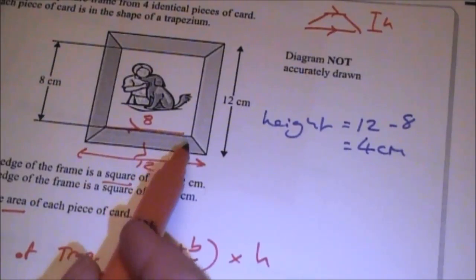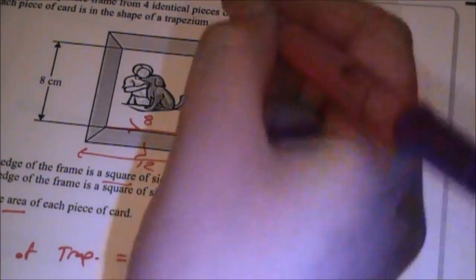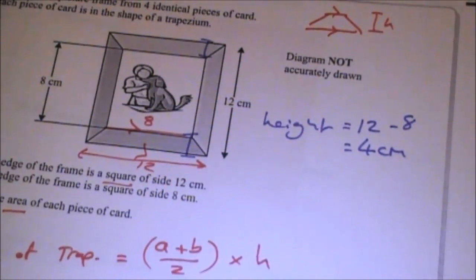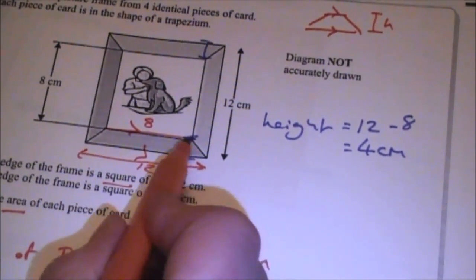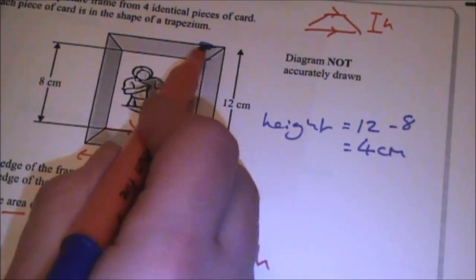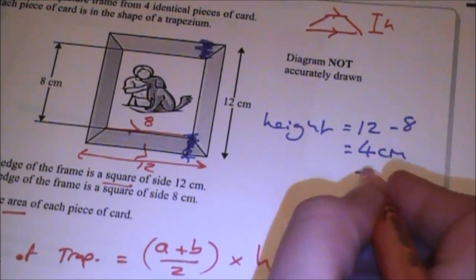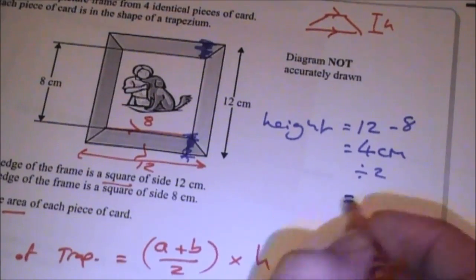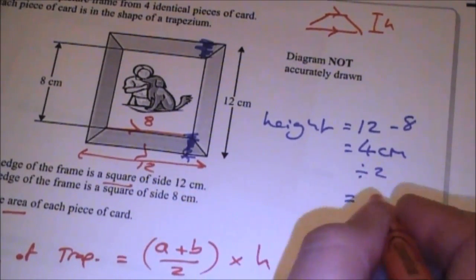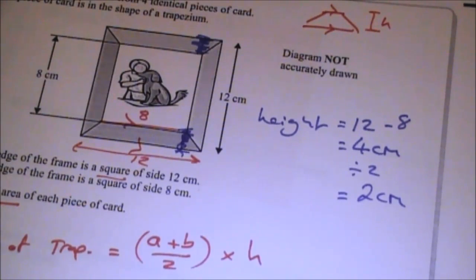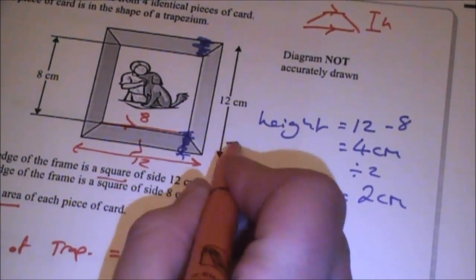However, it's not 4 centimetres as the height of the trapezium. As you can see, we've got 2 lots of space. Let me make that thicker. 2 lots of space, which that 4 centimetres has to be shared between. So the height of one of the trapeziums is actually only 2 centimetres.